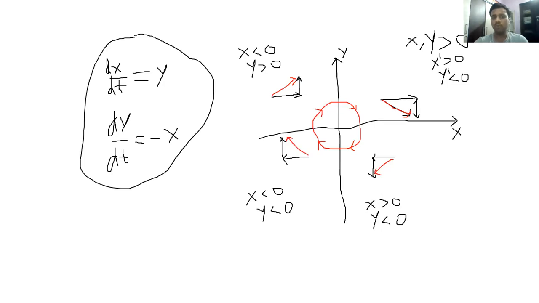So you can plot as well as find the direction of the trajectories. Both are two different problems, the direction of the trajectories and the plotting of the trajectories. Without direction, the plot is not complete.